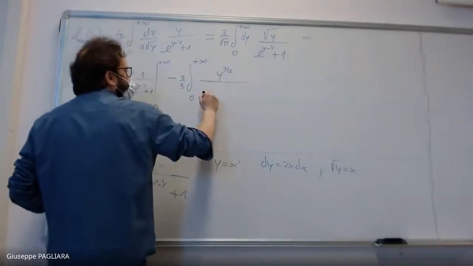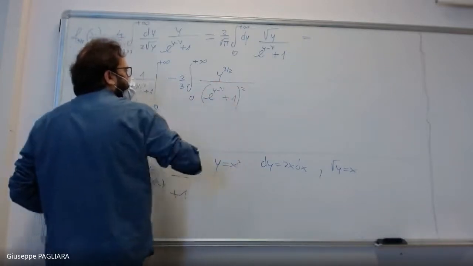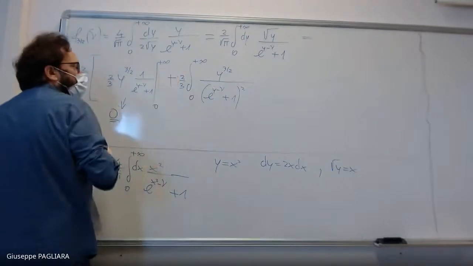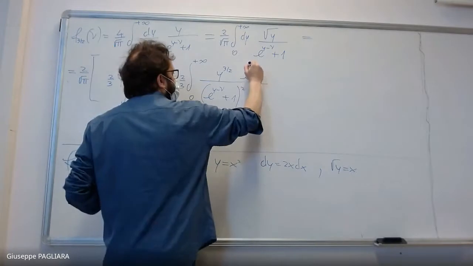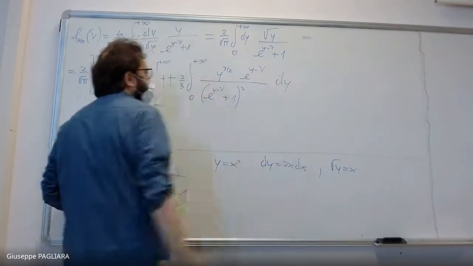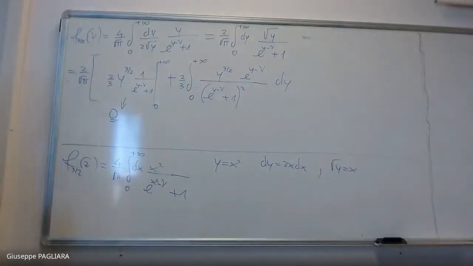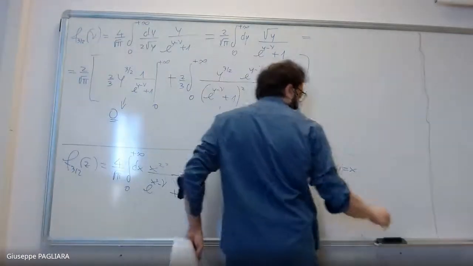Then I have to differentiate this quantity, which is squared, and I get a plus here, and exponential of y minus nu dy. And I think I have all the quantities correct. Okay, now this is equal to 0, so let me close this bracket.